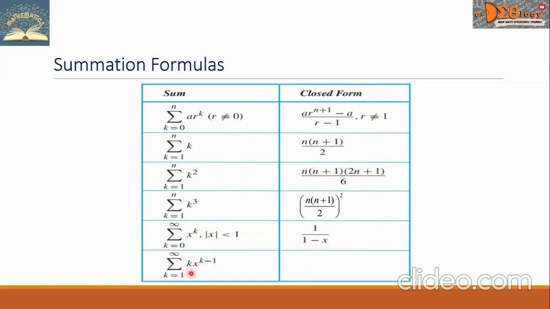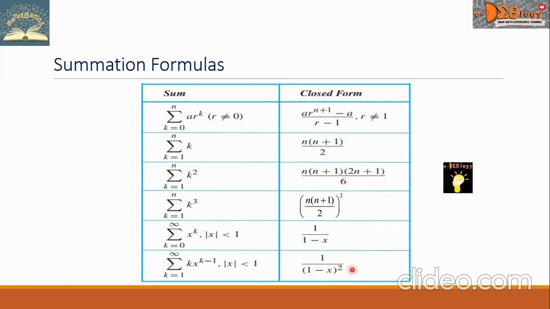Summation of k times x that is raised to k minus 1, where k equals 1 up to infinity. In here, the absolute value of x is less than 1. And the value is 1 over the quantity 1 minus x raised to power 2.